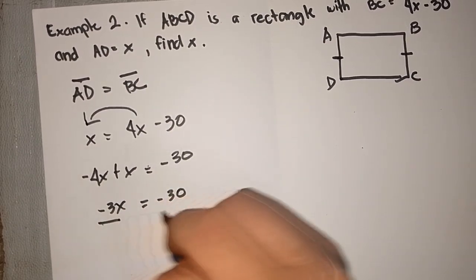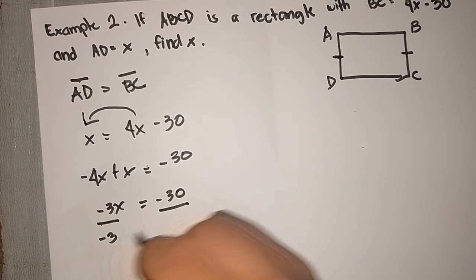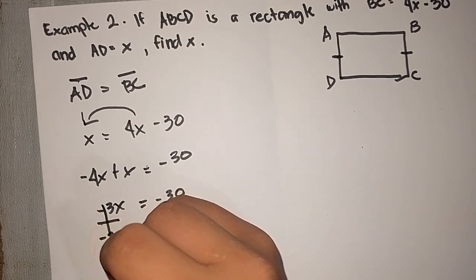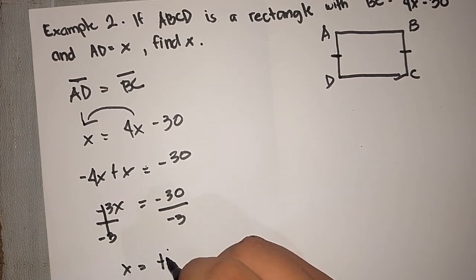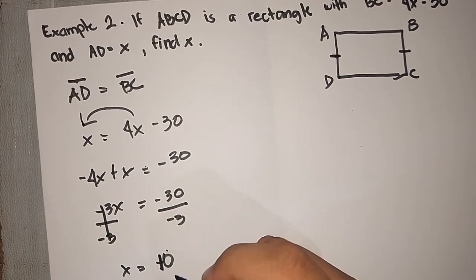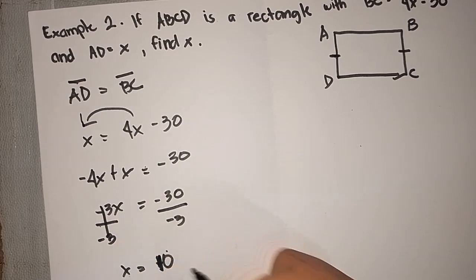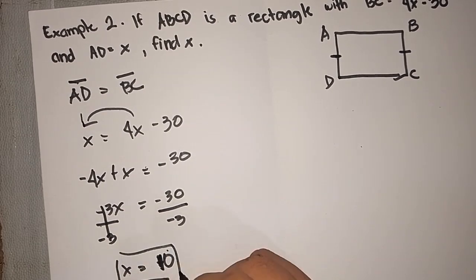Divide both sides by negative 3. You'll get x is equal to positive 10. So your x is 10.